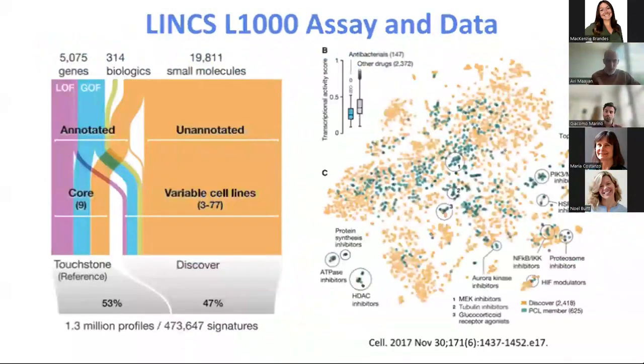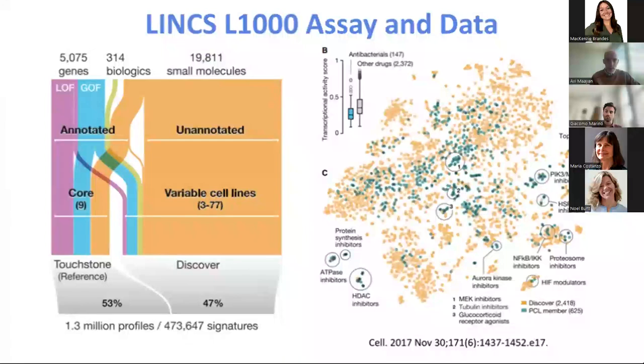Several years after the program started, when the second phase of the program started, the Broad came out with another seminal paper that was published in Cell. And here they introduced the LINCS L1000 assay and data.